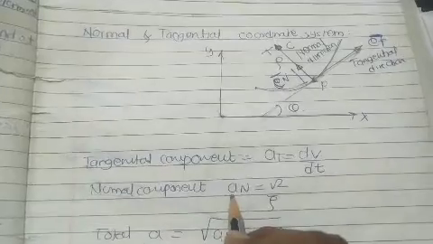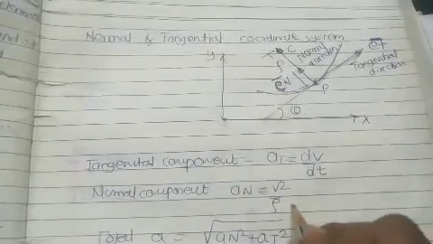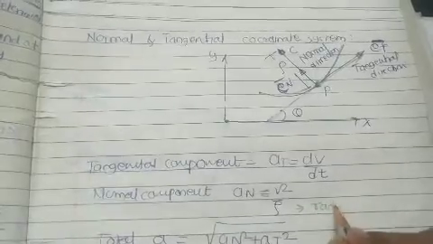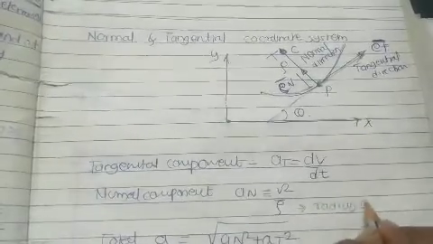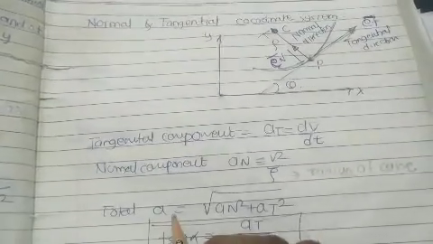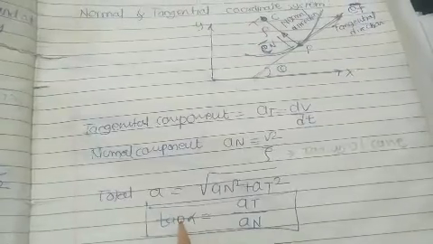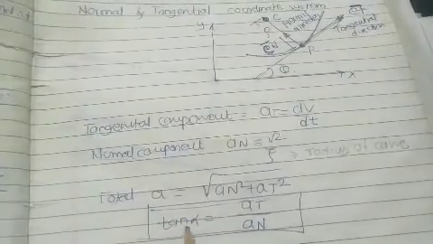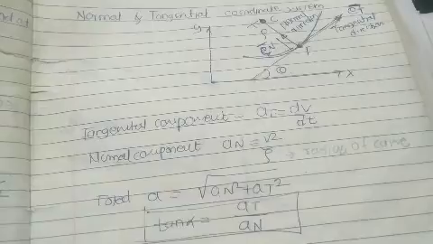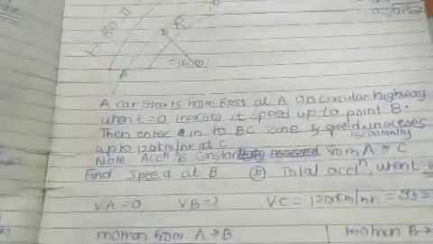The normal component of acceleration, an, is given by v square by rho, where rho is the radius of curvature. Total acceleration a is equal to the square root of an square plus at square, and for the direction, tan alpha is equal to at by an. Now we'll solve one problem on this.